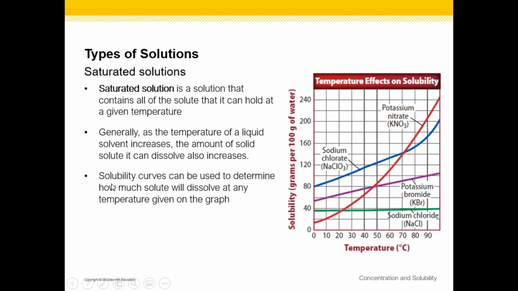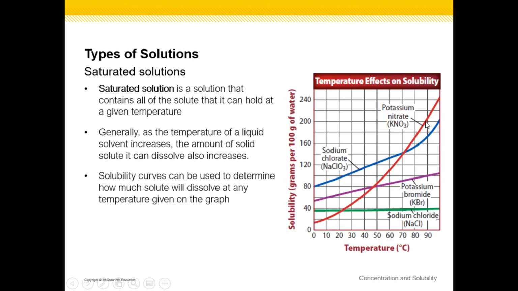But if you were to change the temperature to, let's say, 50 degrees Celsius, it's going to increase its solubility to almost 80. And if you increase the temperature to 90, then it's going to be roughly 200. And so the solubility increases drastically with an increase in temperature for potassium nitrate.